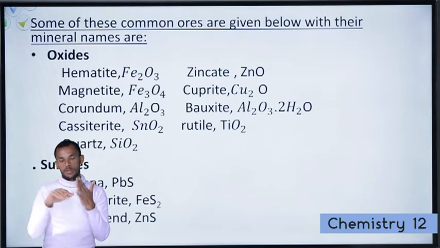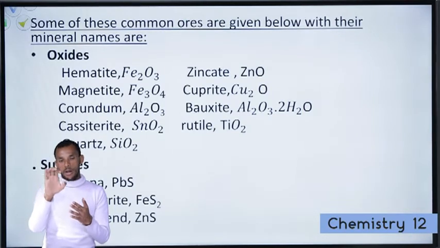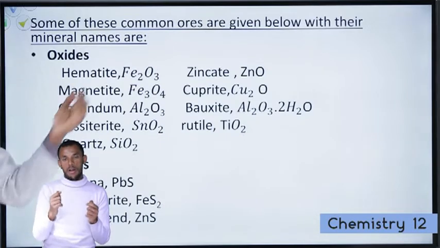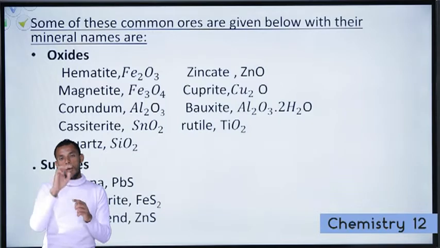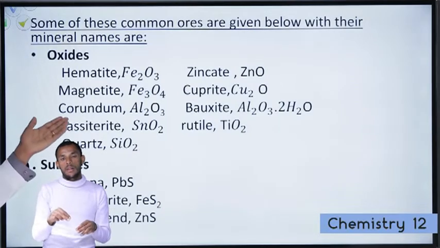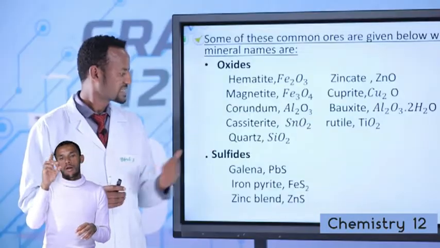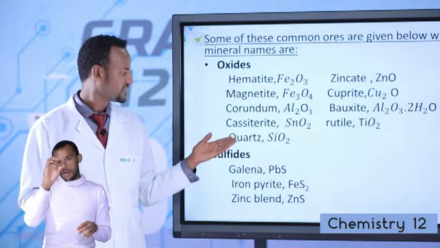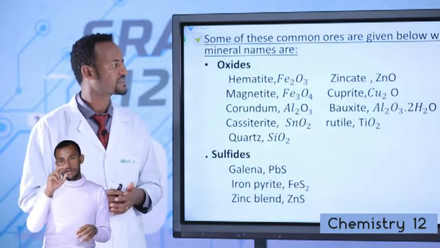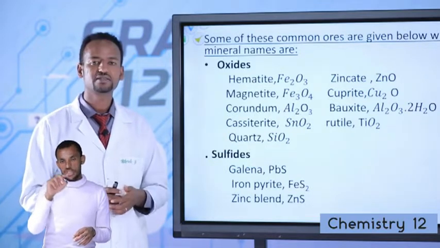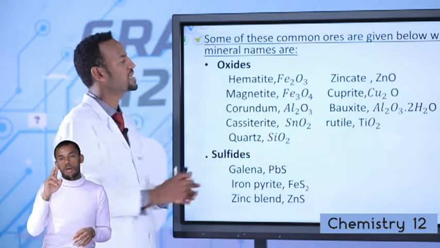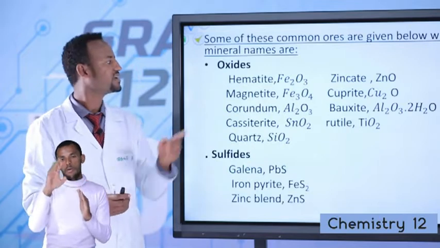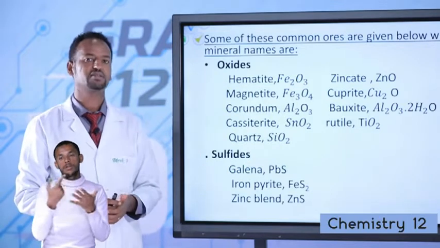Some common ores exist as oxides, like hematite, the ore of iron, magnetite, another ore of iron, corundum, cassiterite, the ore of tin, quartz, silicon dioxide, zincite, cuprite, bauxite, rutile. These are some of the ores of different elements in the form of oxide.